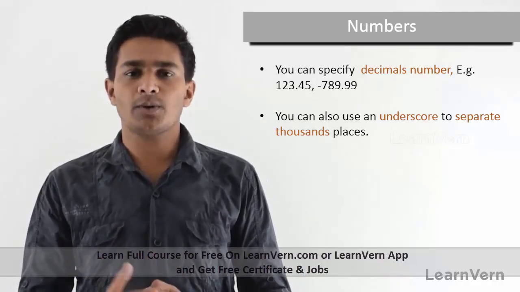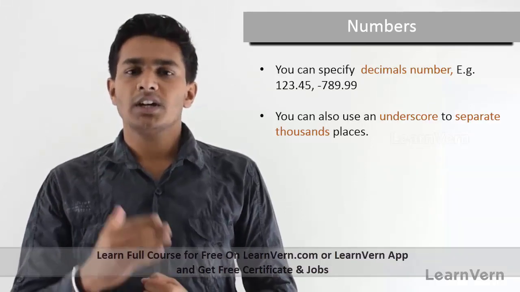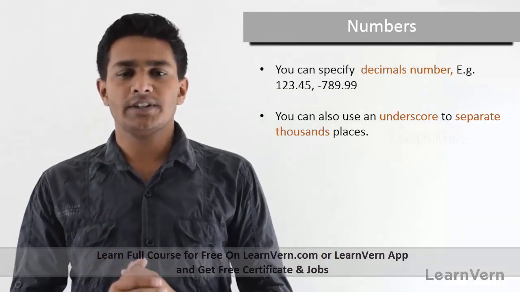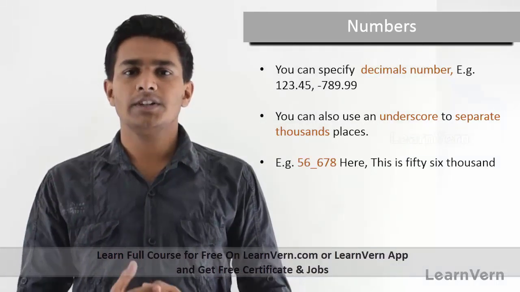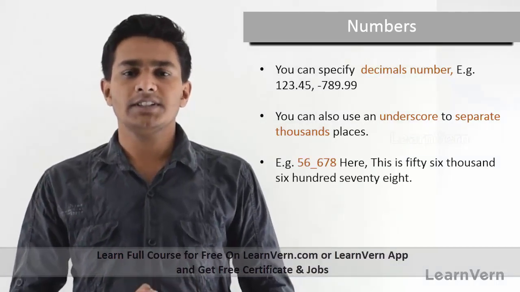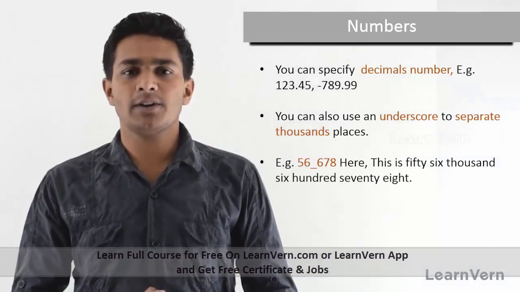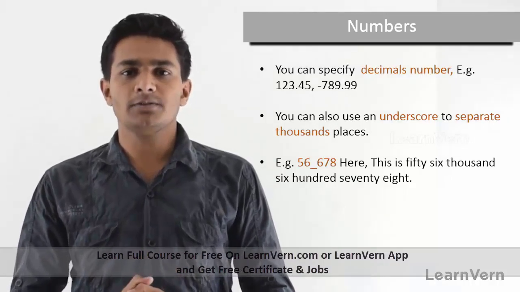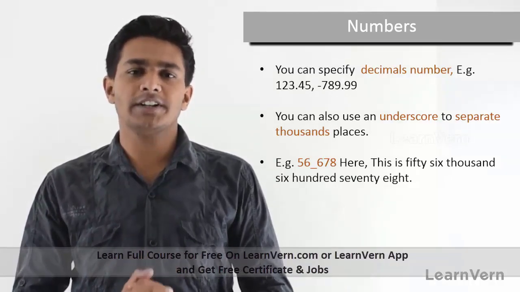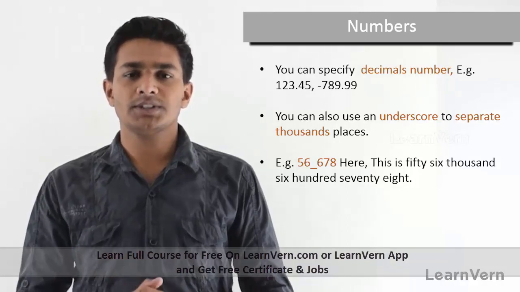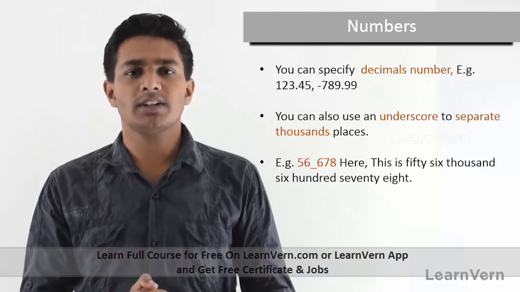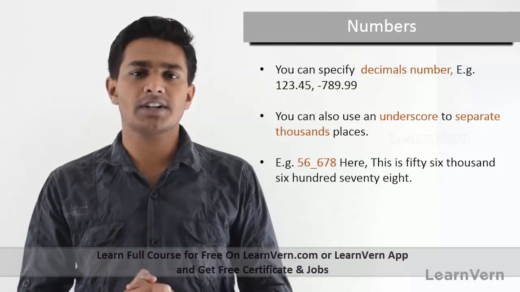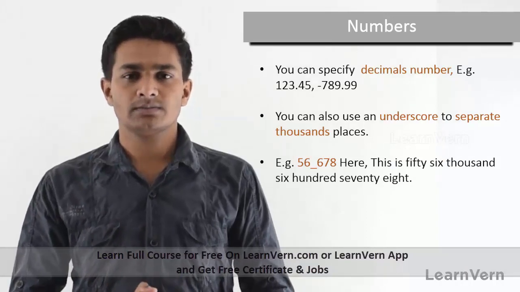So instead of comma, we can use underscore as a separator in Ruby. Here in the example, I have set one example separated with an underscore, that is 56_678. So this is an example of number, how we will use this data type with Ruby.